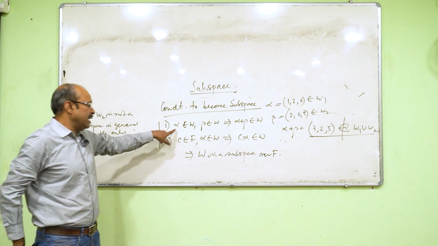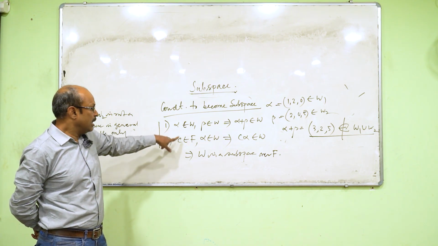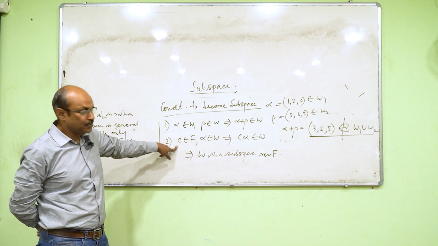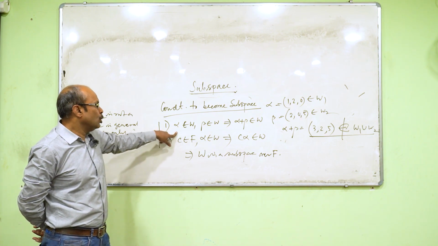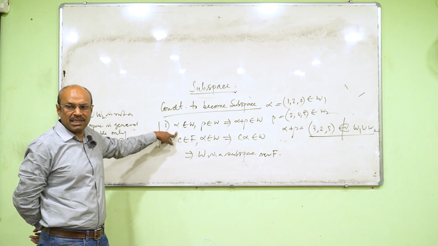That means this is an additive property and this is a homogeneous property. There are two basic conditions for a non-empty set to become a subspace.